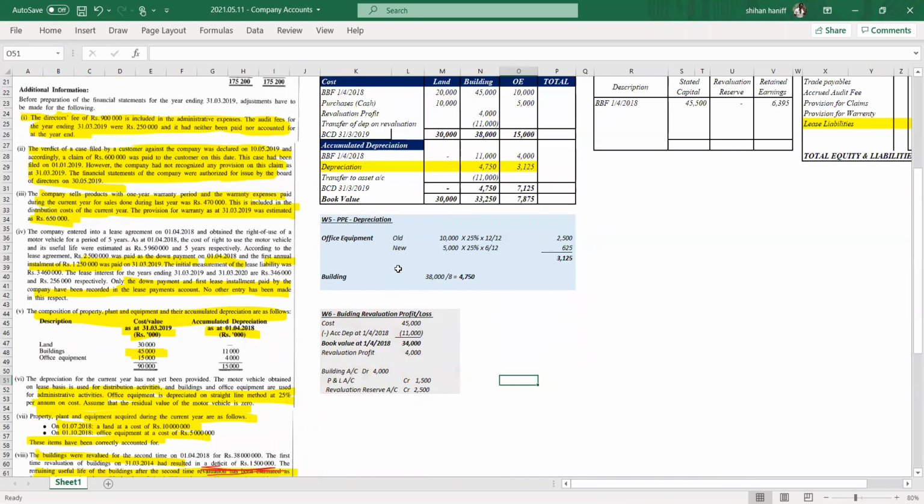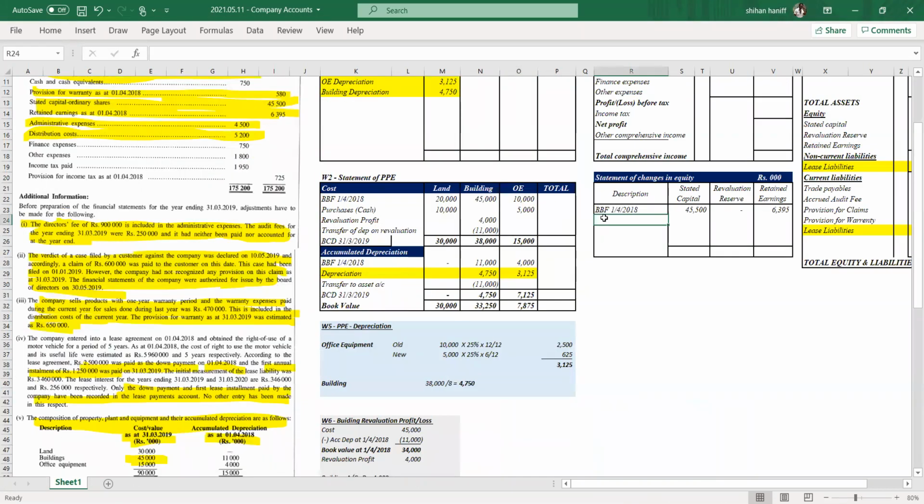Right. So we credit building revaluation profit, revaluation reserve account only 2,500.